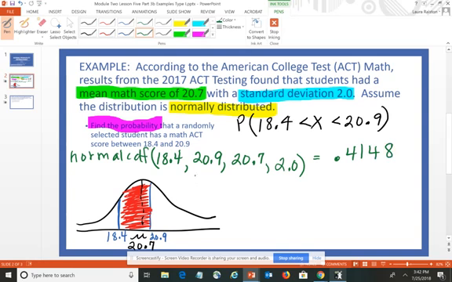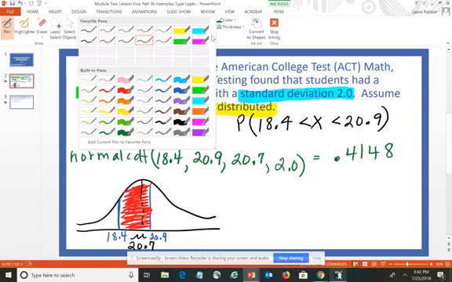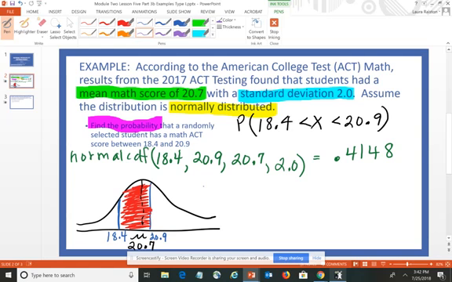Rounding to 4 places, that's going to give us a value of 0.4148. So what does that really mean? What's the interpretation of that information?